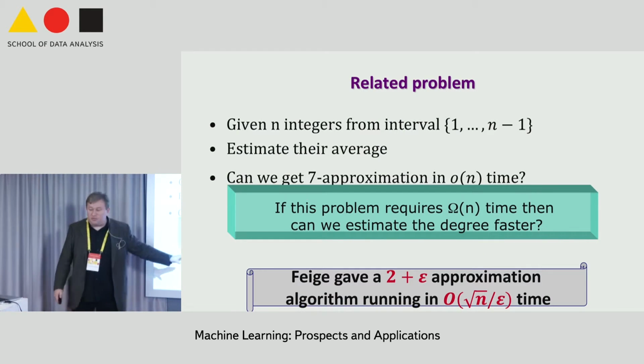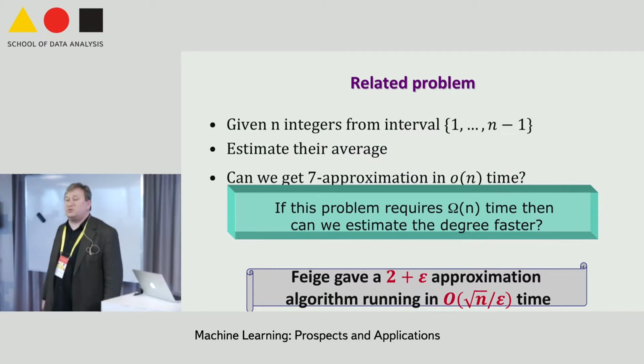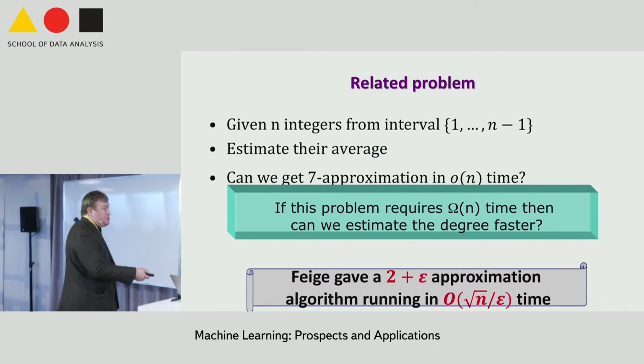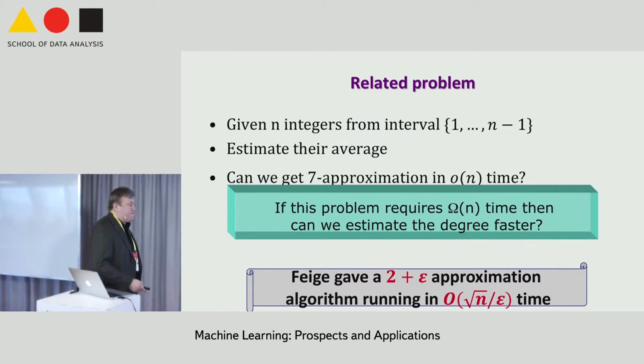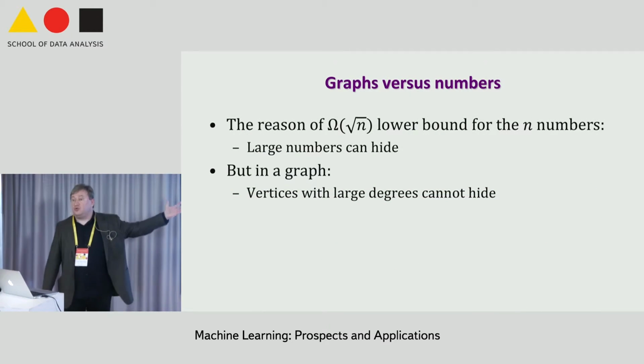And Uri Feiger showed that one can actually get a 2 plus epsilon approximation in time square root of n over epsilon. And how to do it? And why can we do this task?